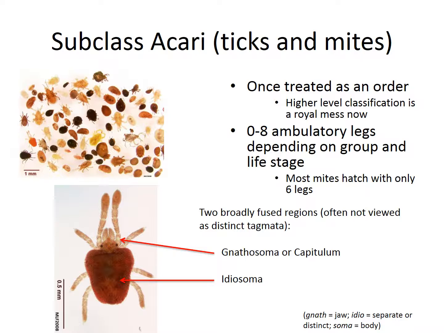All mites have 2 broadly fused regions of the body, and we give these different names than opisthosoma and prosoma. We refer to the front half of the mite body as the gnathosoma, or the capitulum, and the back half of the body is often referred to as the idiosoma. Gnath meaning jaw, idio meaning separate or distinct, and then soma meaning body. Capitulum actually just means head, or head region.